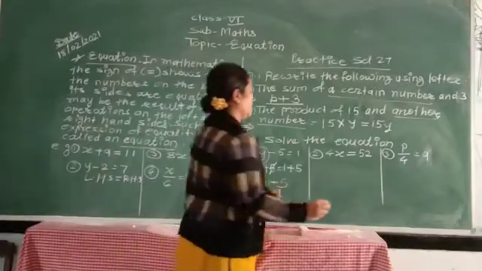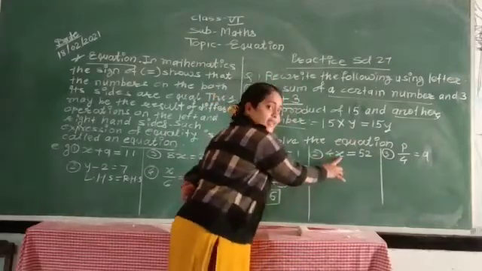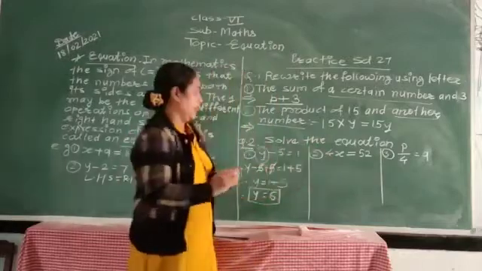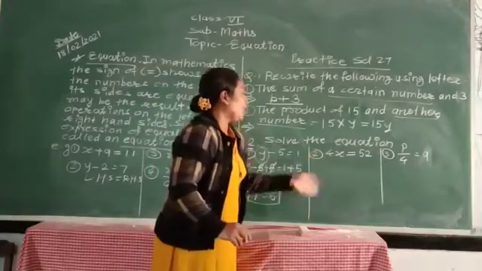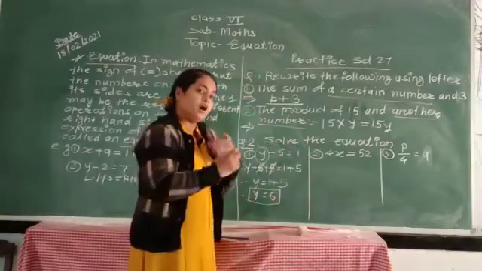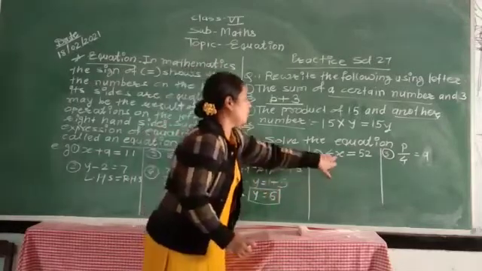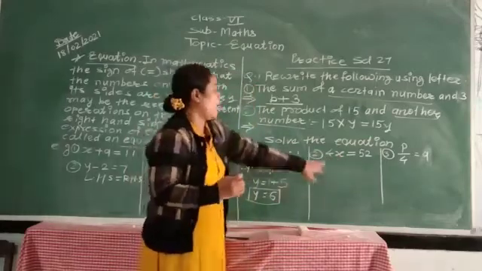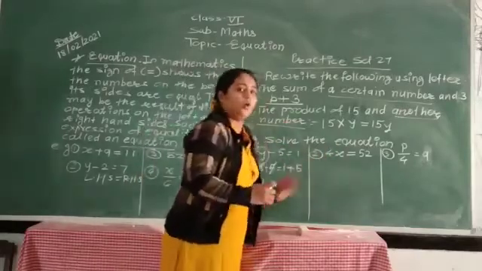Now, the next equation is 4x is equal to 52. See here, the variable is x and 4 is the coefficient or multiple of x. So we have to cancel the 4. For cancelling the 4 from this expression, we have to apply the opposite operation on that equation. Here 4 is in multiplication with x, so we have to apply division by 4 to cancel it and maintain equality on both sides.